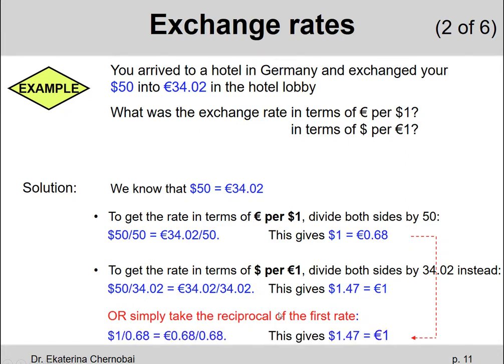And that would give us the same answer. When $1 is divided by 0.68 on the left-hand side, we get $1.47. And then when the right-hand side, 0.68 of a euro, is also divided by 0.68, we get 1 euro remaining.